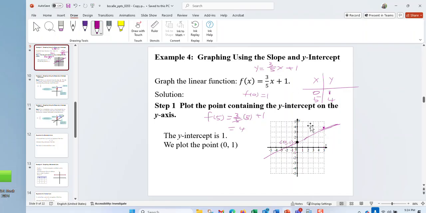So 1, 2, 3, 4, 5 will be right here. So actually this is the point (5, 4). If you want to consider the rise over run that way, but I usually just go ahead and calculate this point, which is much easier and more intuitive. Otherwise you're going up 3 points and then moving right for 5, so that's 3 over 5.